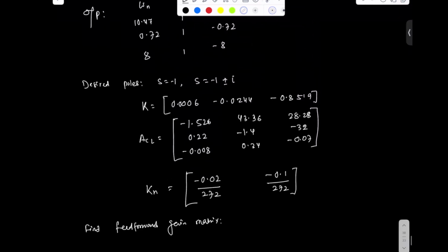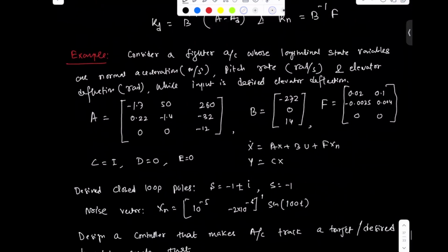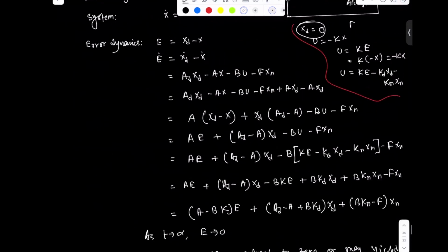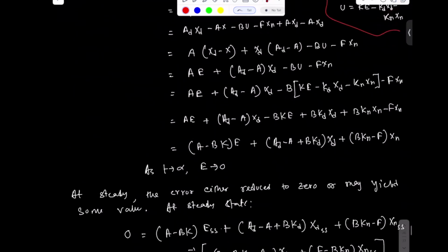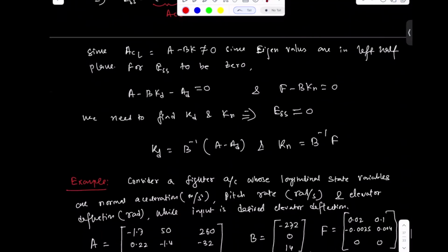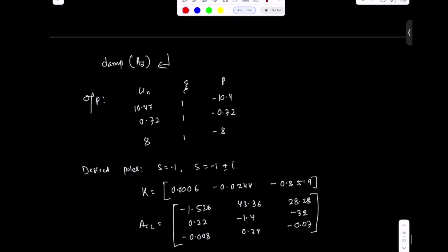Why feed forward? Because if you notice, in the controller we designed, one of the parameters was minus KD XD. So this part we can call the feed forward control part, because the controller depends on the reference dynamics XD.